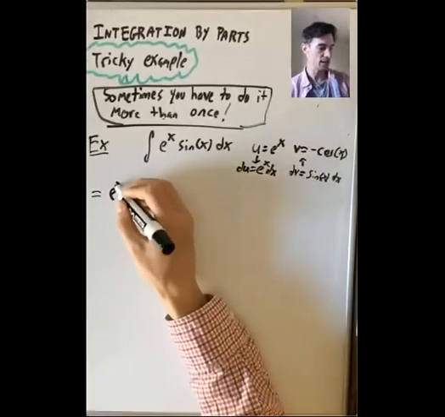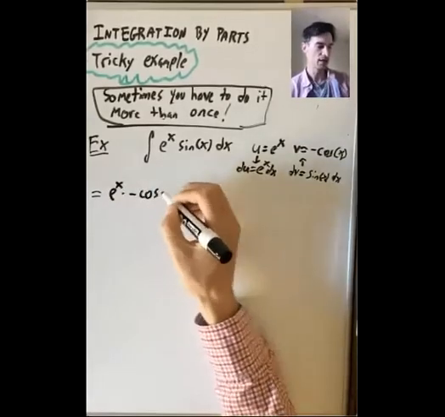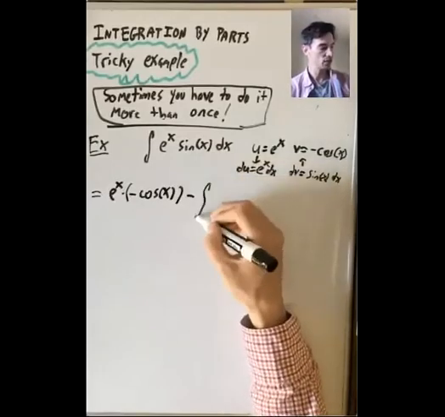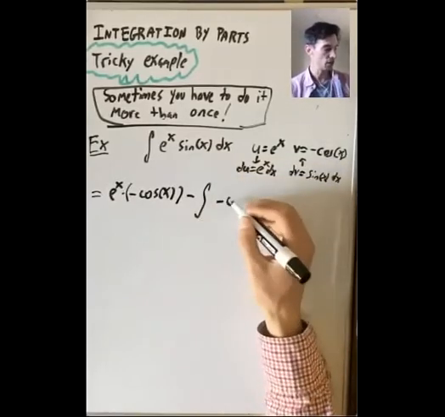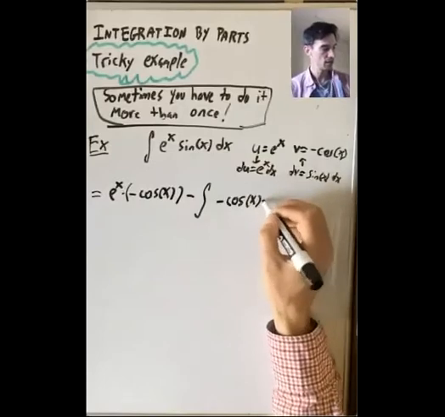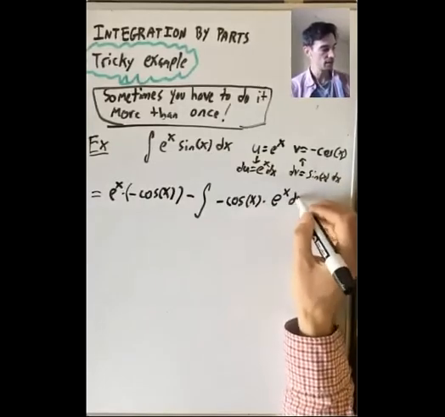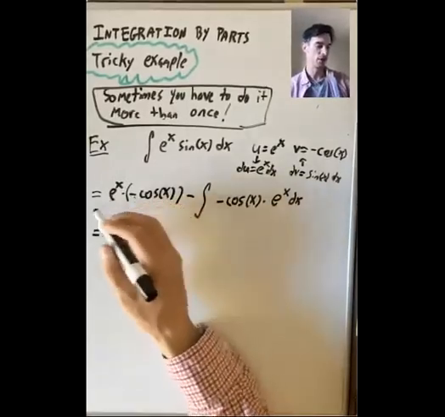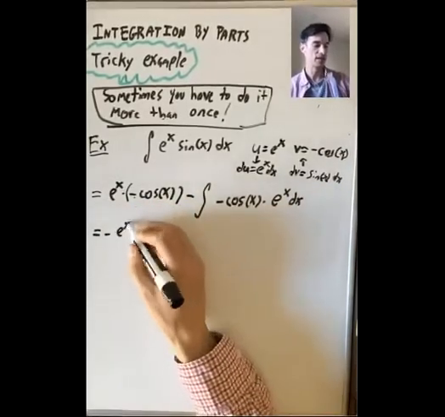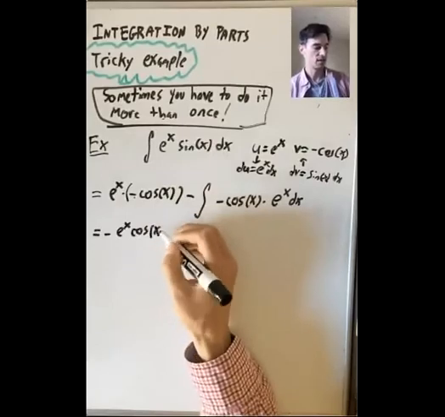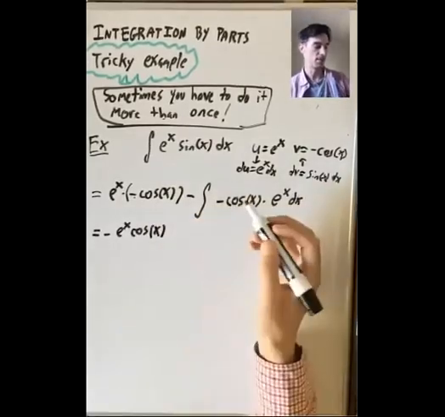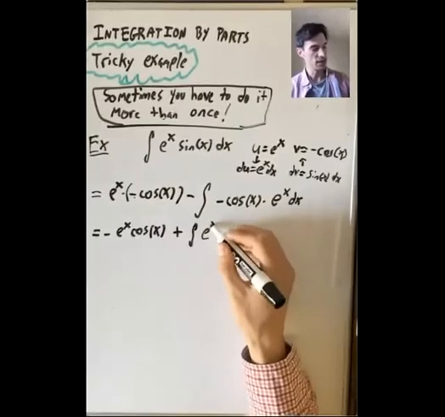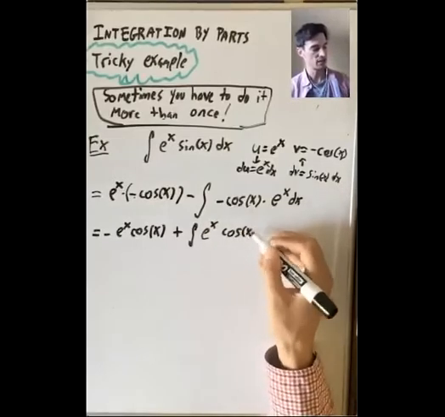It's e to the x times negative cosine of x, minus the integral of v du, negative cosine of x times e to the x dx. Let's clean this up. Let's pull this minus sign out here, minus e to the x cosine of x. And now we have a double negative here. So let's write this as plus the integral of e to the x cosine x dx.